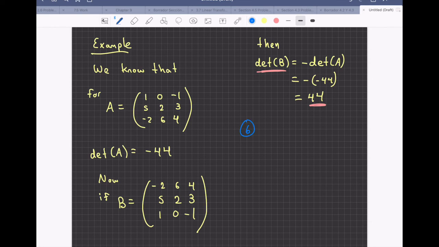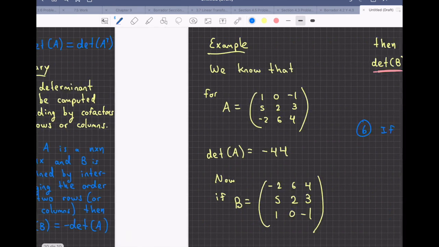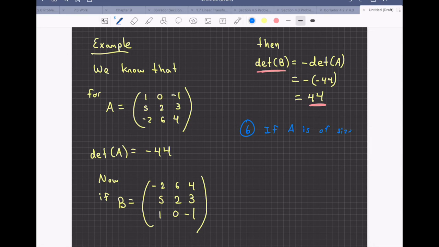Number 6. If A is of size n by n and has two identical rows or columns, then the determinant of A is automatically 0.